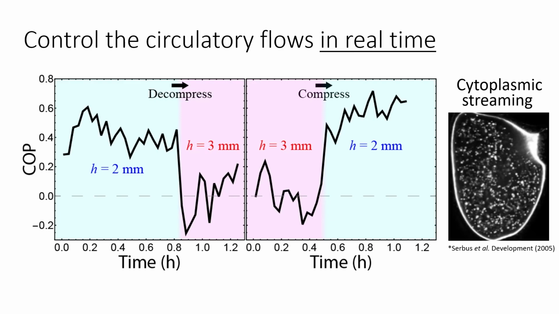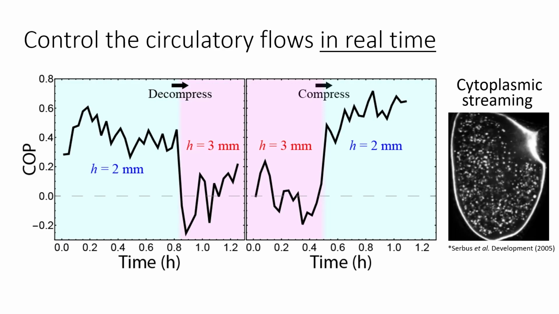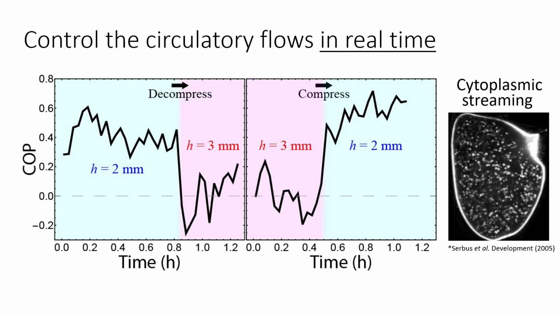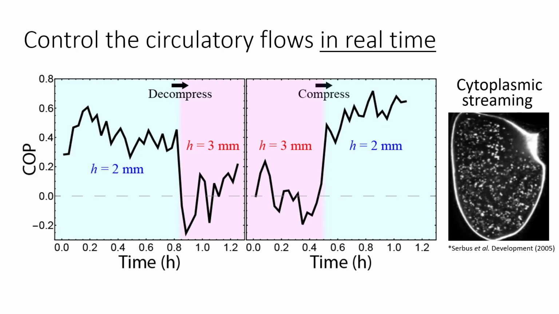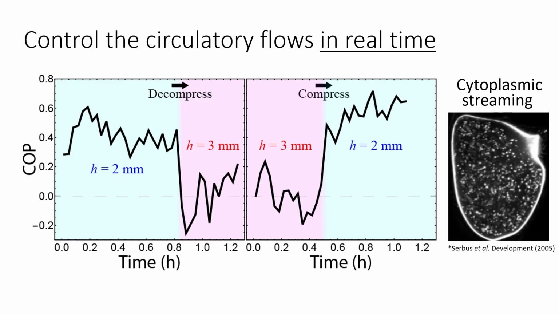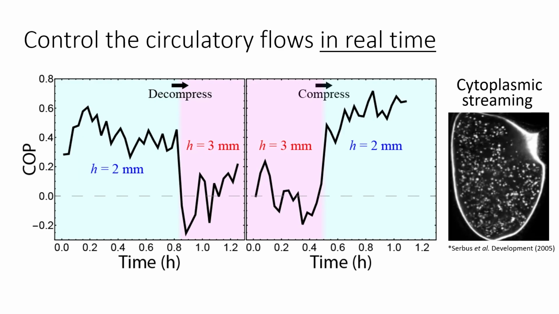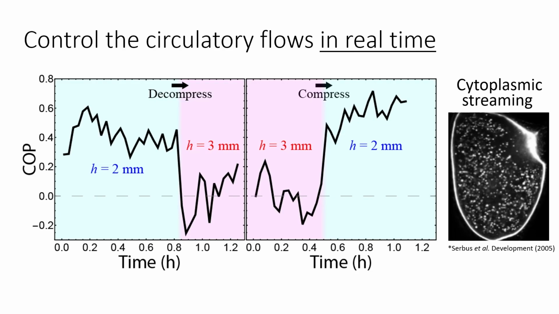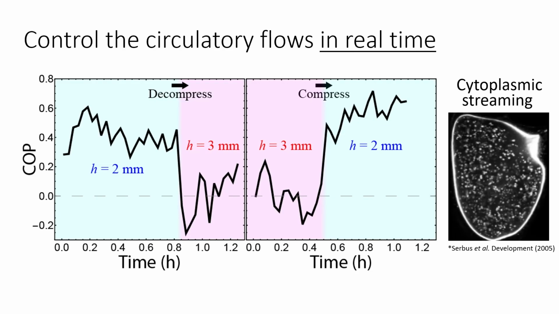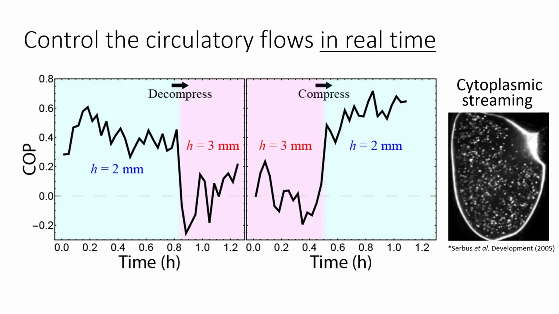So formation and deformation of the cytoplasmic streaming may be controlled by deforming a cell. Deforming a cell to a shape may promote the cytoplasmic streaming, whereas deforming to another shape may suppress it. Our finding may pave the path to developing a new cellular treatment to control the intracellular activity without invading its interior.